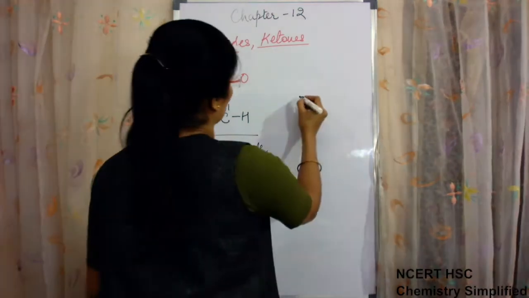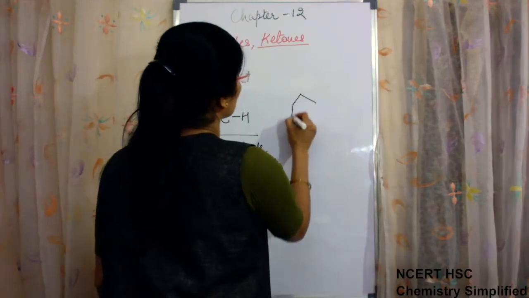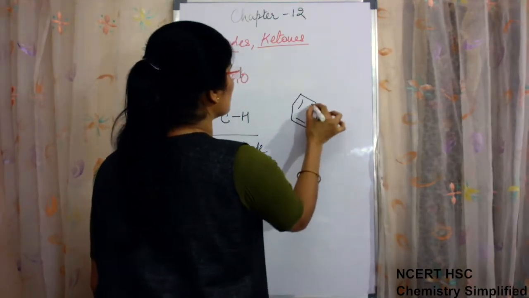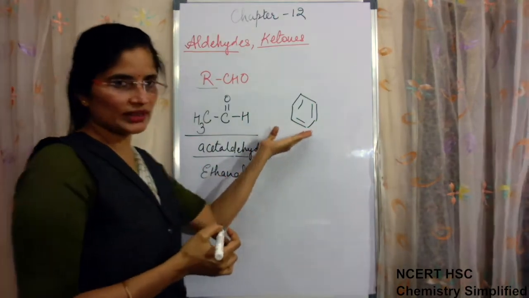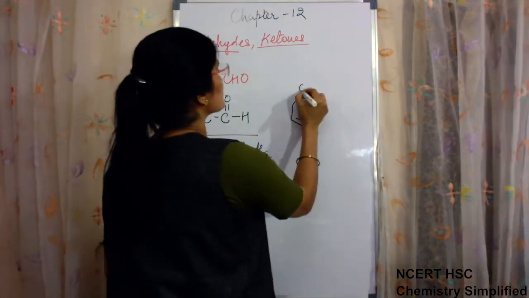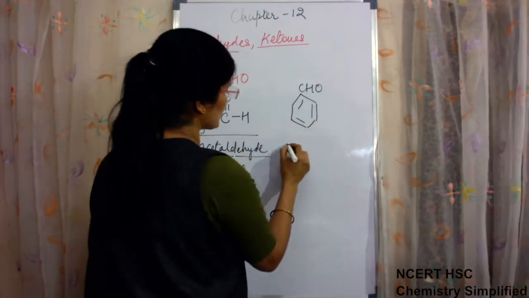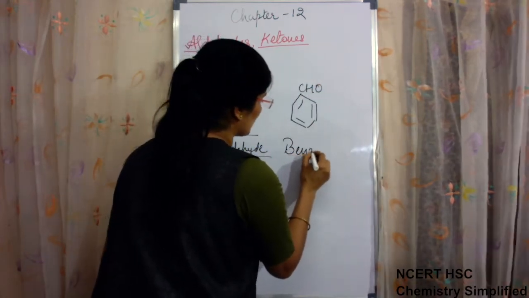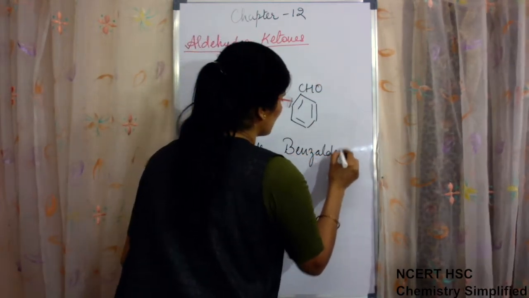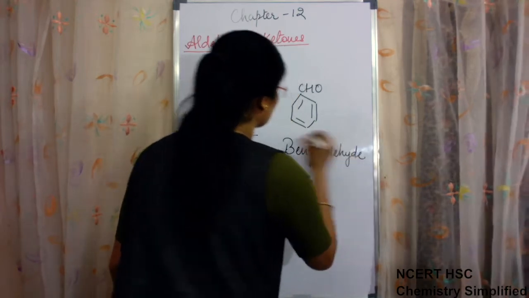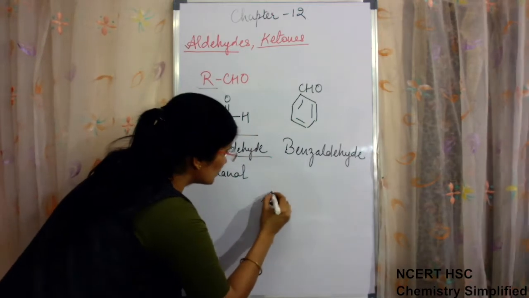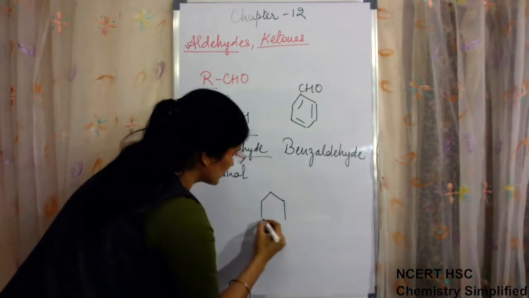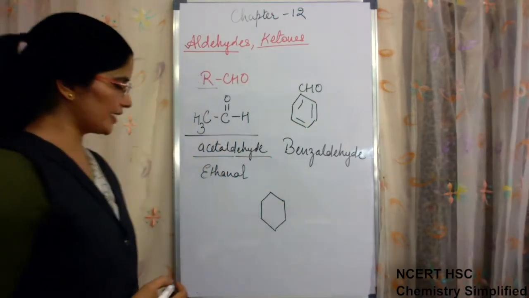Similarly, we can take another example. This is an aliphatic aldehyde. This is an aromatic aldehyde, CHO. This is named benzaldehyde. Now, other than these two, one more structure. This is cyclohexane.